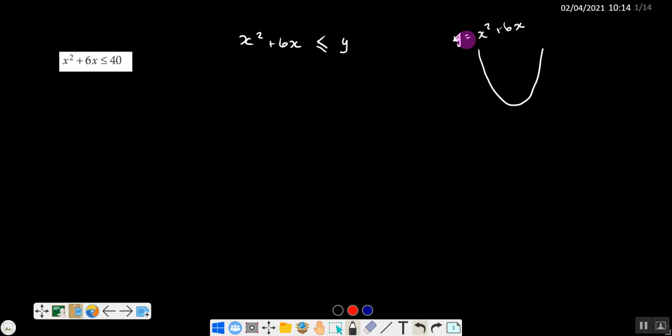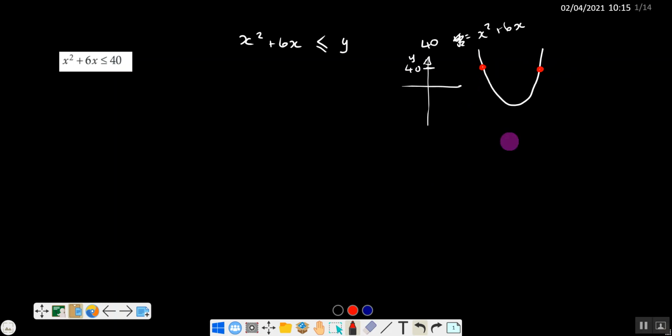So if I change that y to a 40, I'm looking for any points on the line specifically that would have, if this is the axis, the y value at 40, yeah? So I'm only actually looking for specific points.